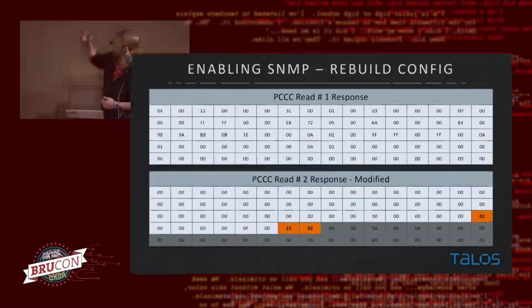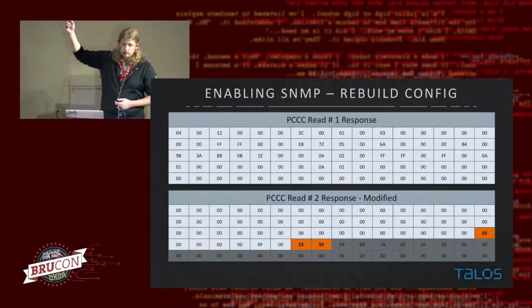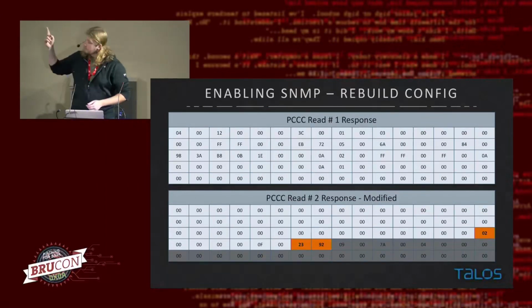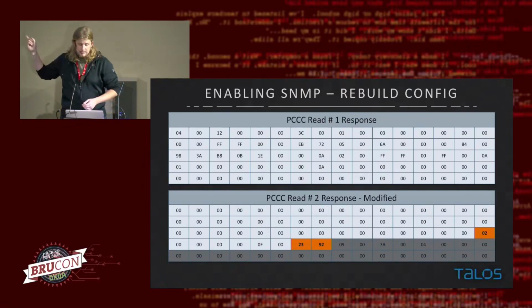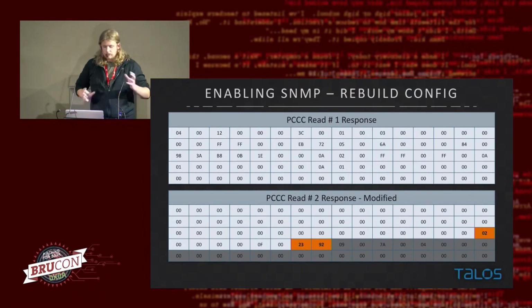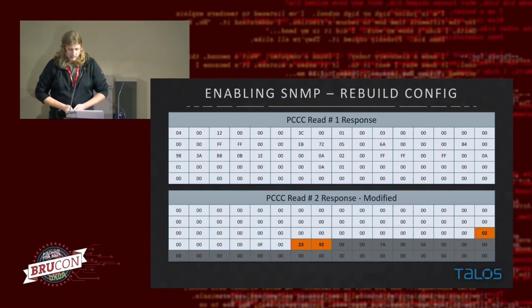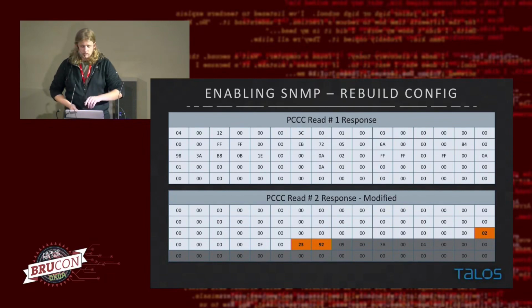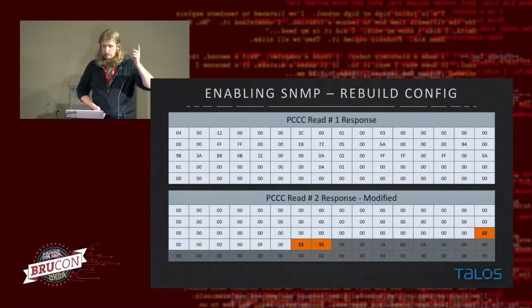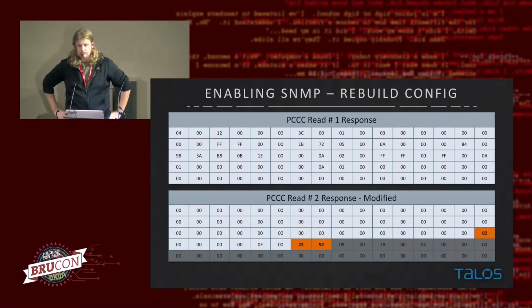So now we have the first response, the first half of the data we're worried about, in the top graph, and the second half in the bottom. We want to look at this data as one big unit, the whole way up until the dark gray portions. We found out that the second set of orange is actually a CRC calculation performed across everything from the top left corner of the top graph, the whole way up until the CRC bytes.